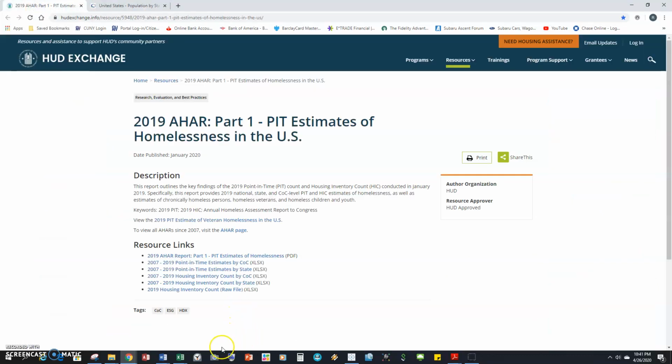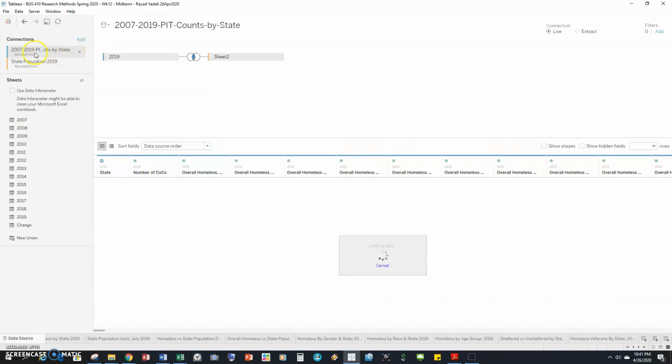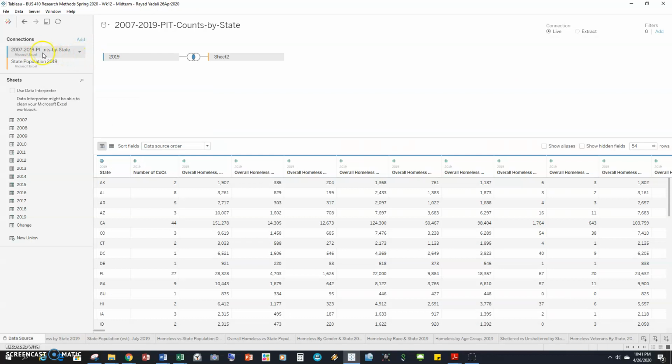Now, if we move on to the actual data in Tableau, bringing it up, you'll see I obviously added, let's go to data source real quick, the PIT counts by state as the primary, and then the state population as the secondary.